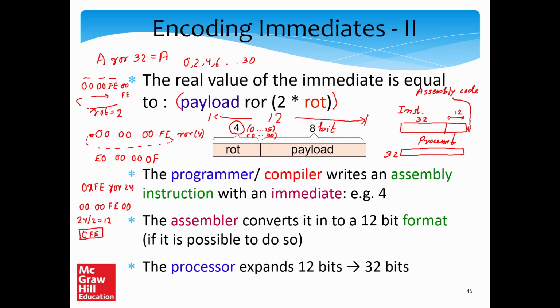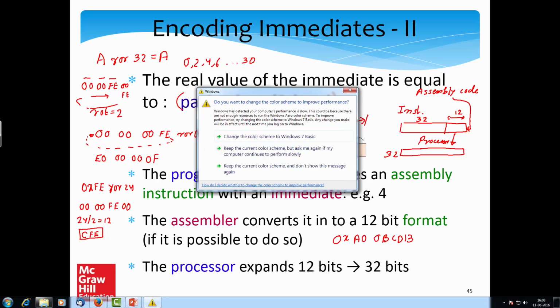If it is not possible, for example a number of this form that just has too many bits to specify in the 12-bit format, then multiple instructions are required. Each of the instructions specifies an immediate which can be put in this format, and the assembly code is created.